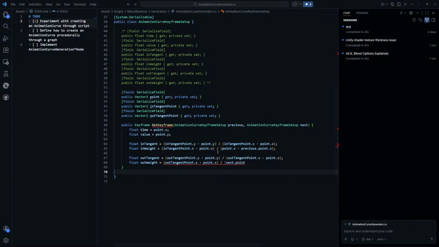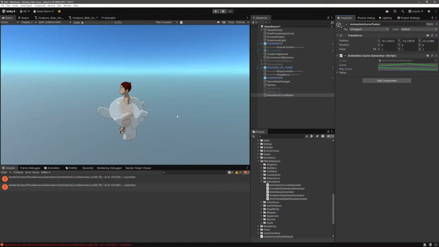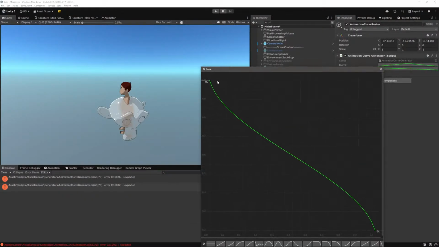This one minus, I think it's the same. Out tangent y, point y. This, and then when it comes to the weight, it's this one minus this one.